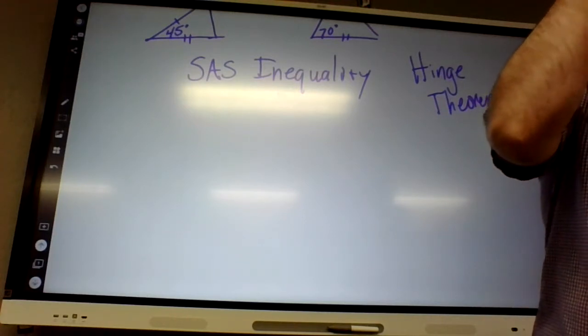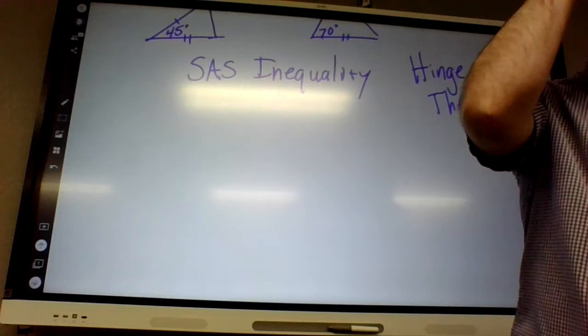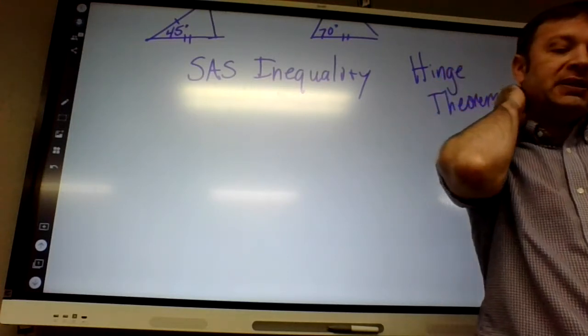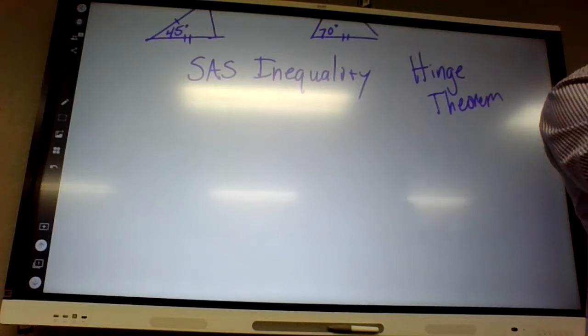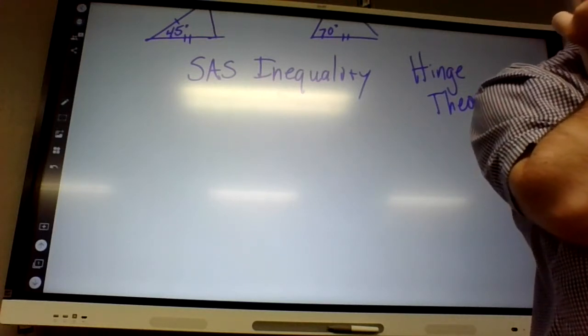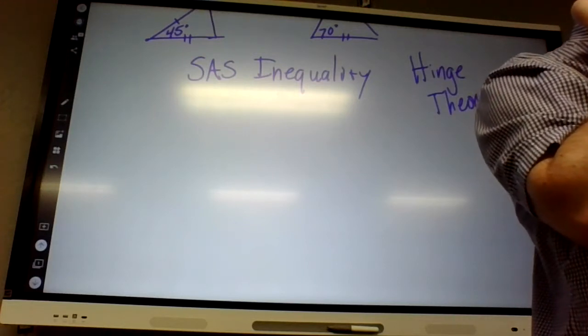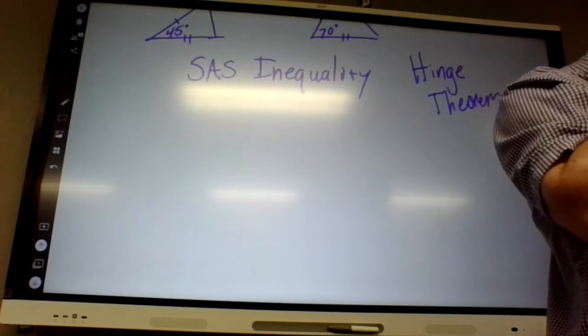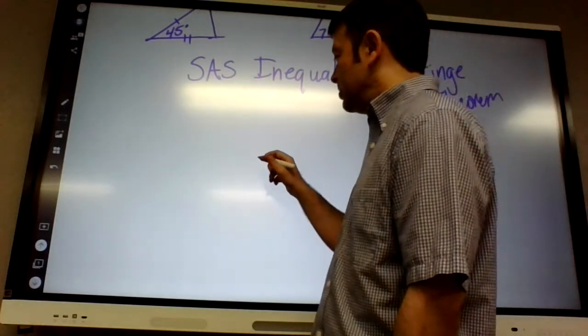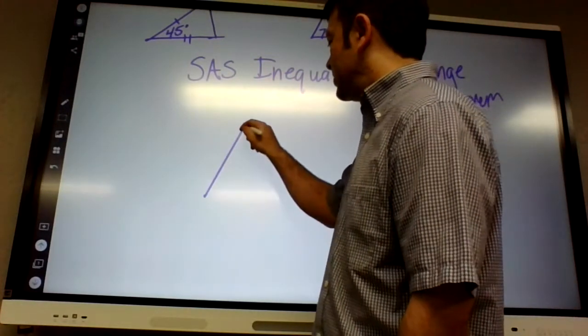Okay, number 1. So AB is 4, BC is 7, AC is 5. So does that make a triangle? If you look at the smaller 2 sides, are 4 and 5 big enough for the 7? Yes. 4 plus 5 is bigger than 7.